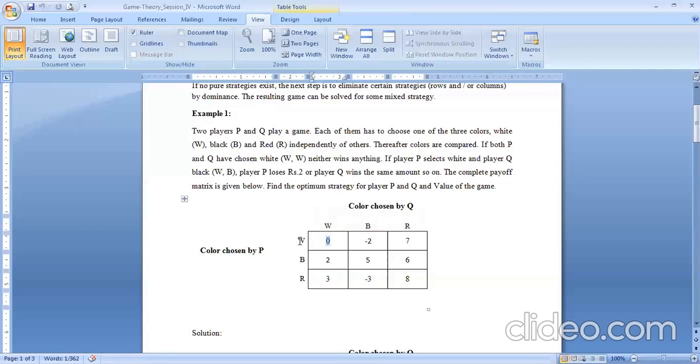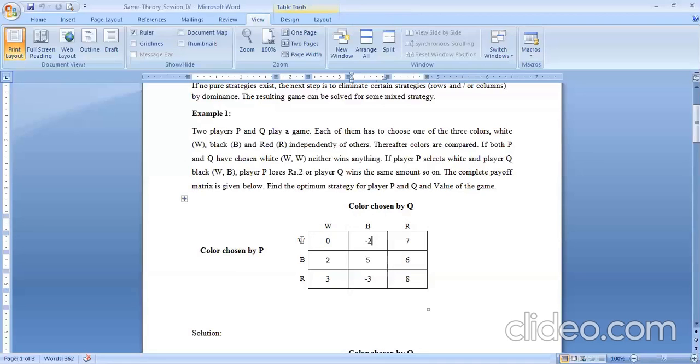When player P chooses white and at the same time player Q chooses black, the payout is -2. -2 means player P is going to lose 2, and the same amount will be won by player Q. Player Q is going to lose -2, which means minus into minus is plus, so he is going to win 2.